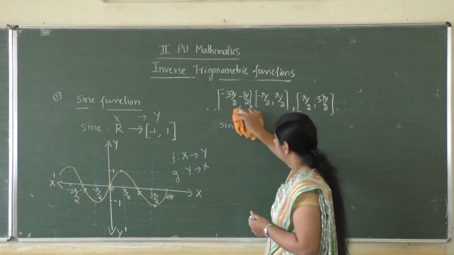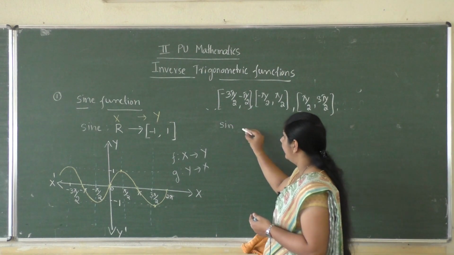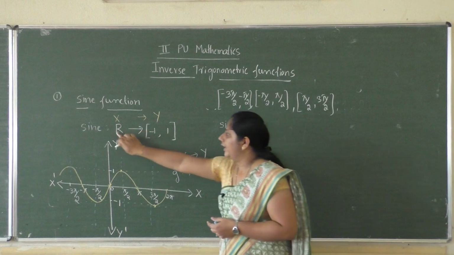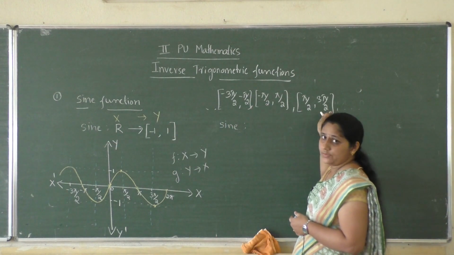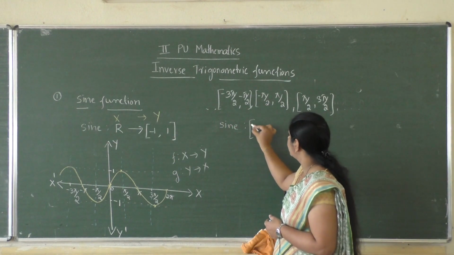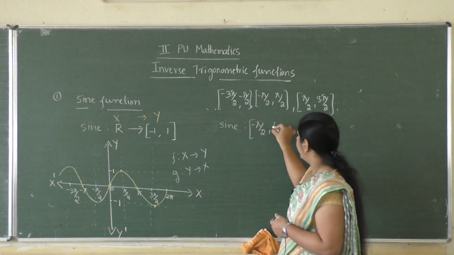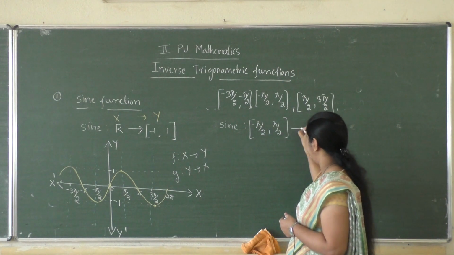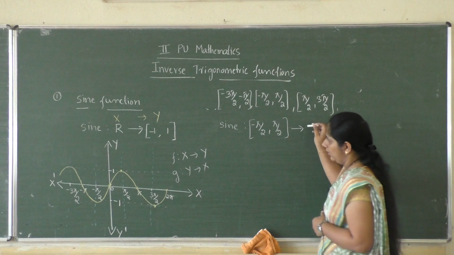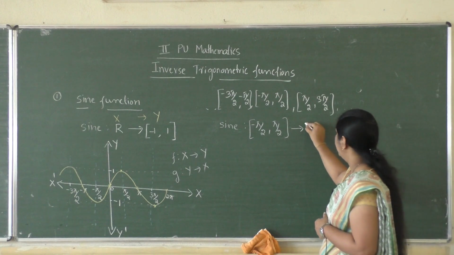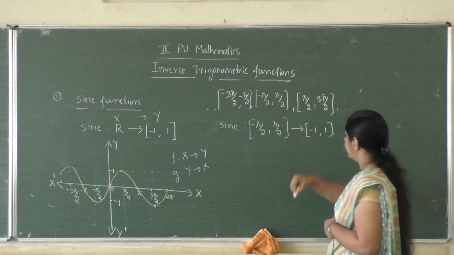But here, if we restrict the domain of the sine function to one of these intervals, I will restrict it to minus pi by 2 to plus pi by 2, and the range is the same, that is -1 to 1.